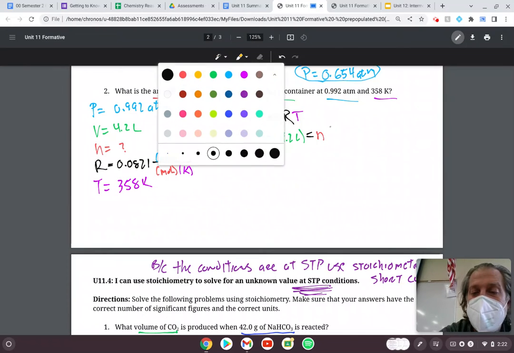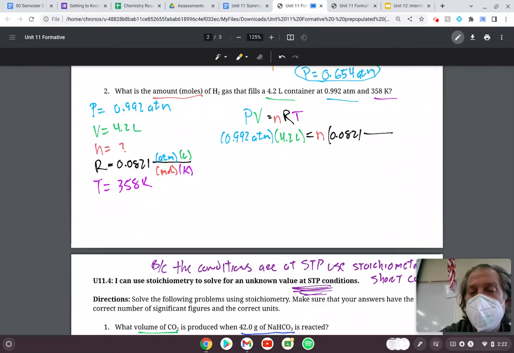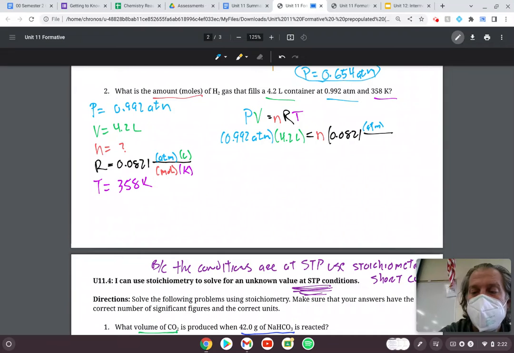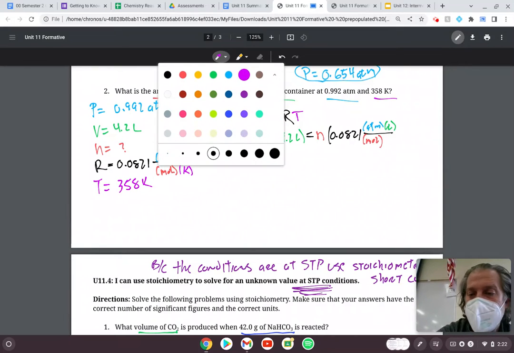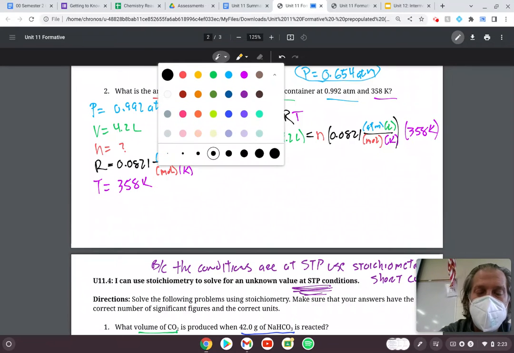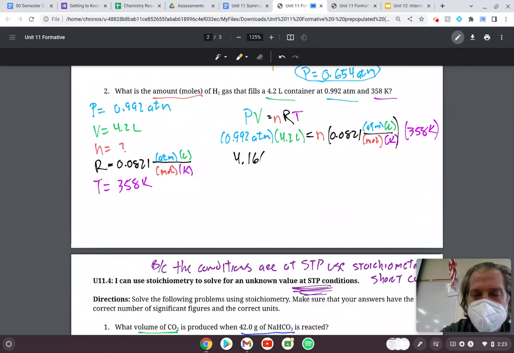The ideal gas law constant is 0.0821 ATM liters per mole per Kelvin. And our temperature is 358 Kelvin. Now, when we combine what we can, we have 0.992 times 4.2, and we get a value somewhere around 4.1664.